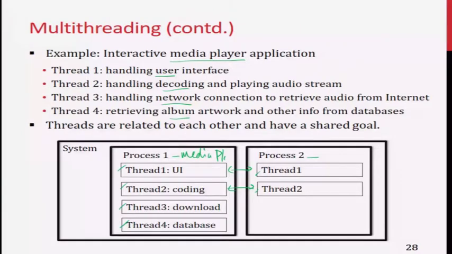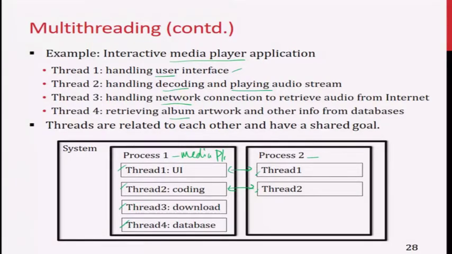Thread 1 and thread 2 could be similar, could be different. That is the good part of multi-threading. When you create a thread to do a specific task, it is not tied to a specific process. You can share that thread with other processes, because a lot of processes may need the same functionality. Having a user interface, and being able to do decoding and playing of audio, is not confined to a single process.